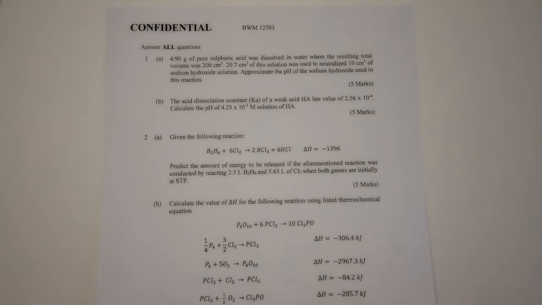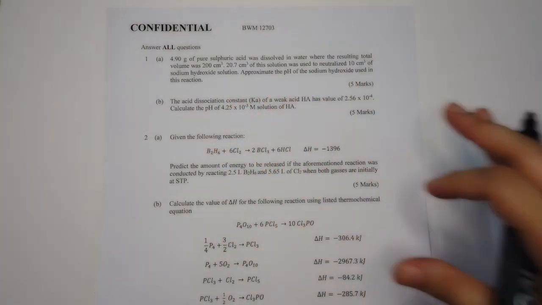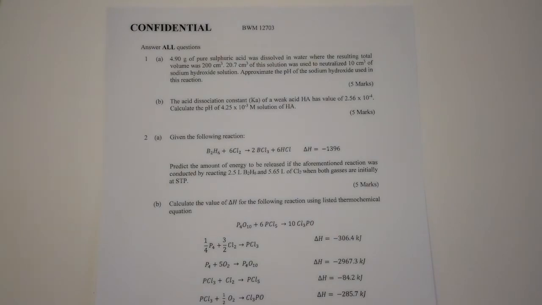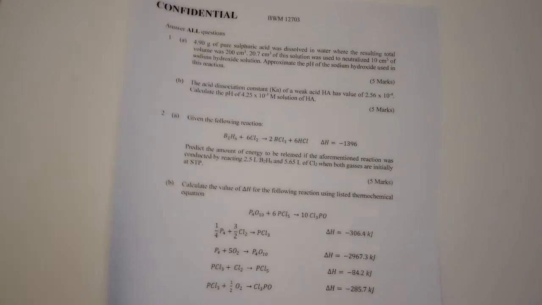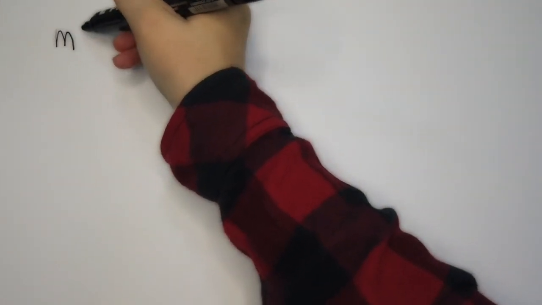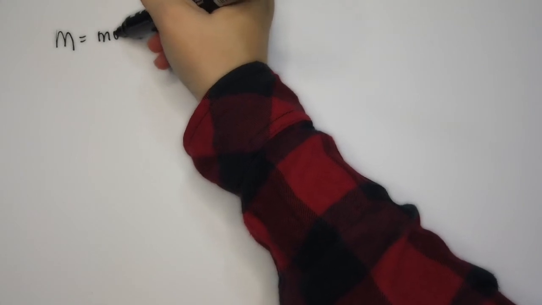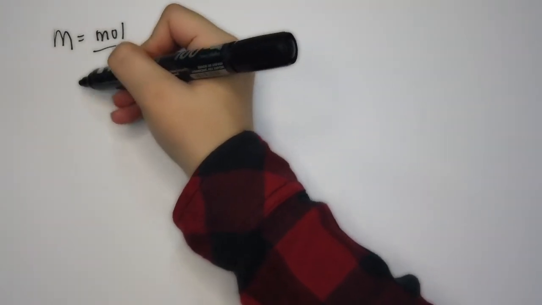Okay, we have not finished yet, because if you look at the question, you were asked to approximate the pH of the sodium hydroxide used. Since you already know the number of mole of sodium hydroxide used in this reaction, from there you can calculate the molarity. Again, molarity is equivalent to mole over liter, right?